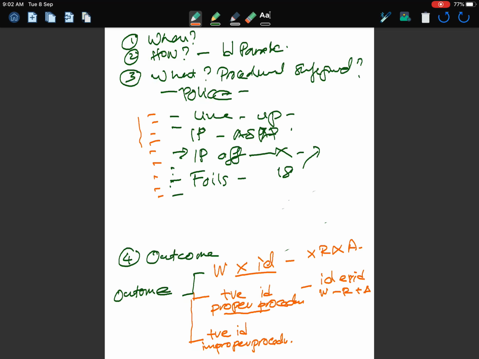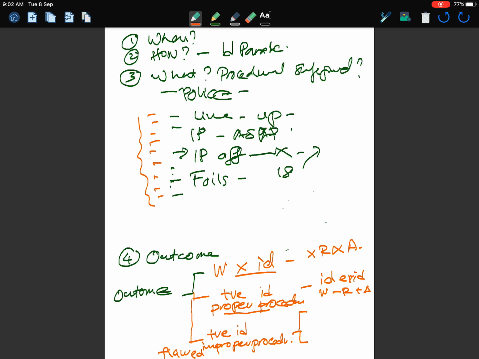And the third one here is where you have positive identification. However, it was an improper procedure. That means you have a situation where the witness here identified positively the accused person, but the police have failed to comply with some of the procedures in the conduct of identification parade. Now, what will happen in this case?